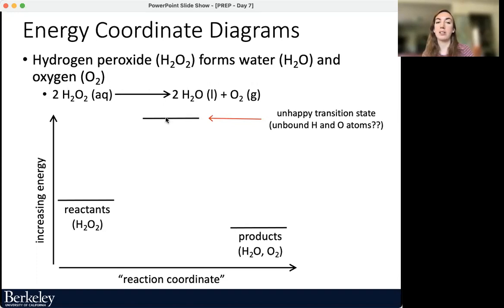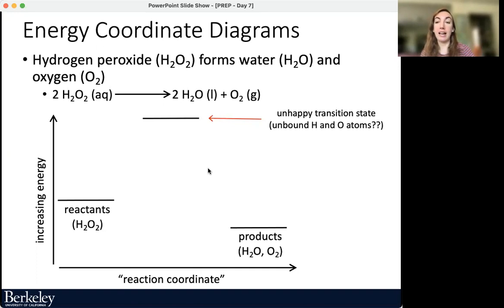Maybe this transition state, again, there's a whole field of trying to figure out what the transition states are and what they look like. It's very hard to look at a reaction and know what the transition state will be. So don't worry about trying to figure out where this line is or anything, but just think about it conceptually.